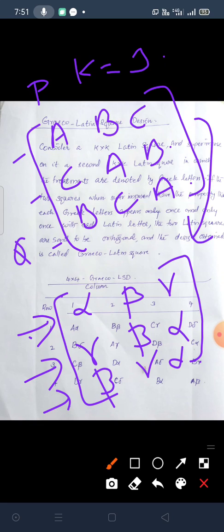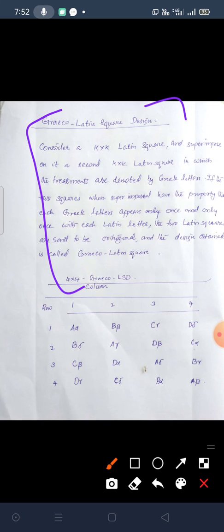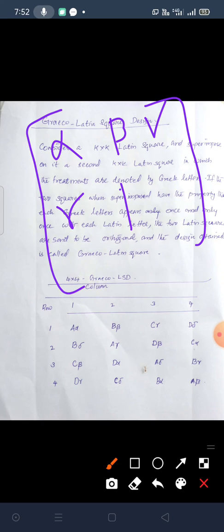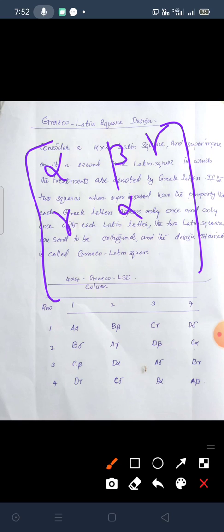So let me write the superimposed form. This is alpha, beta, gamma; gamma, alpha, beta; and beta, gamma, alpha.